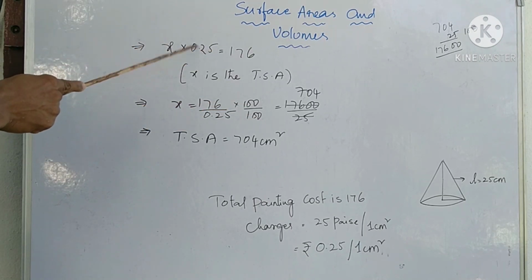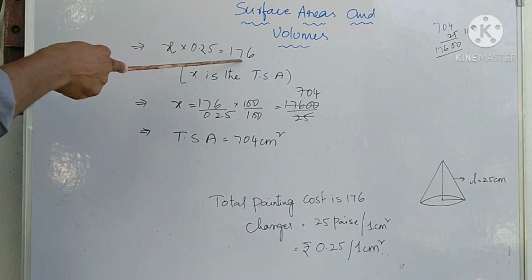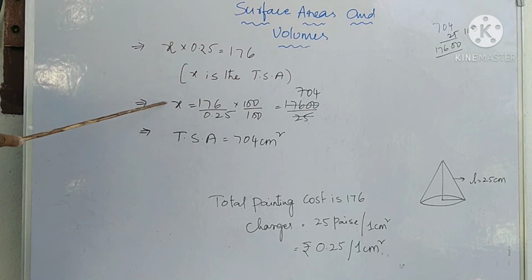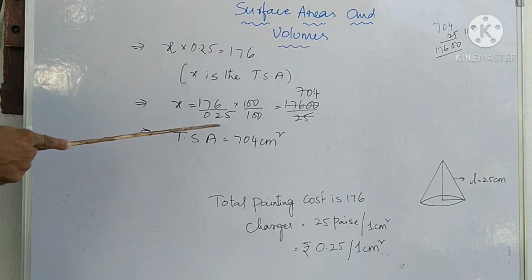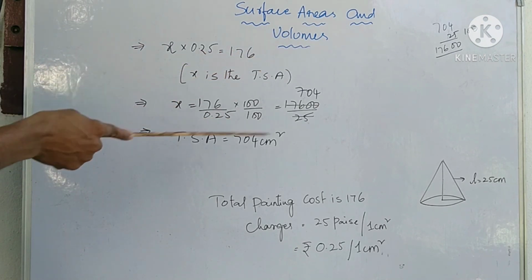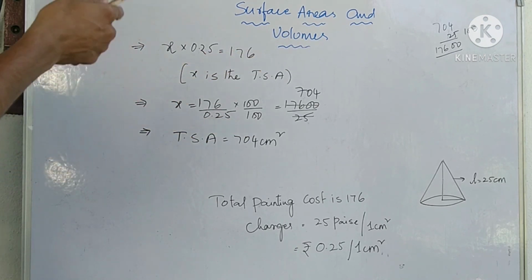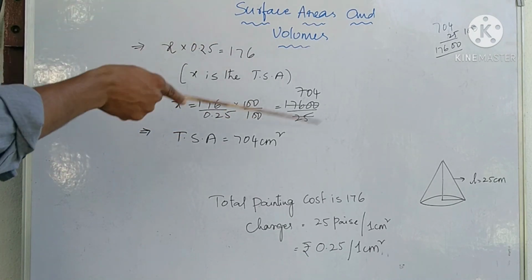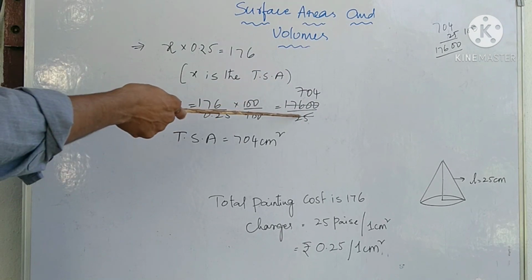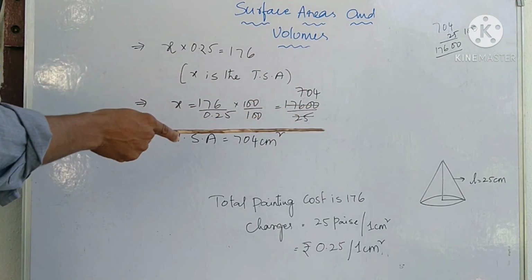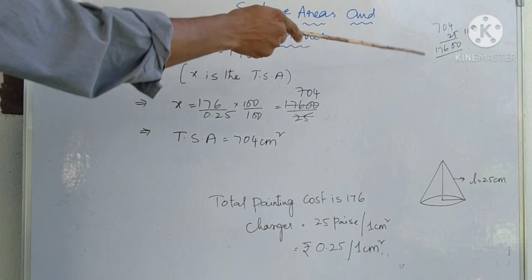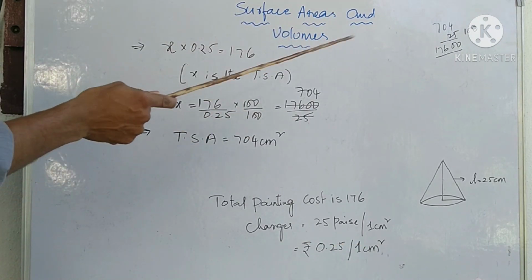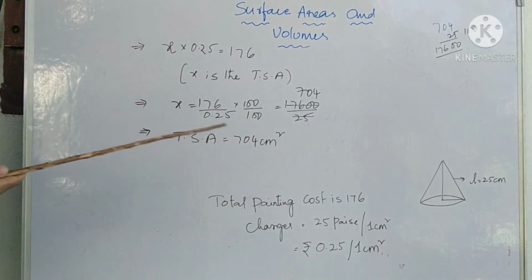So x into 0.25 equals 176 rupees, so x equals 176 by 0.25. Two decimal points are there, so multiply numerator and denominator by 100. That is 17600 by 25, which is 704. So the total surface area is 704 centimeter square.